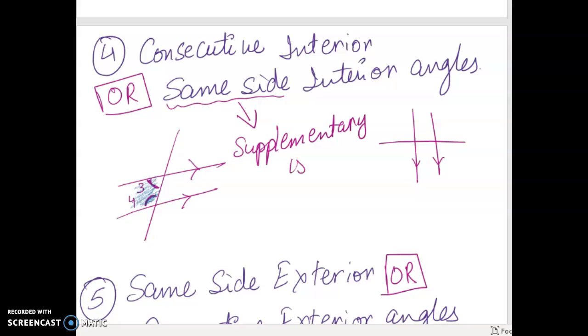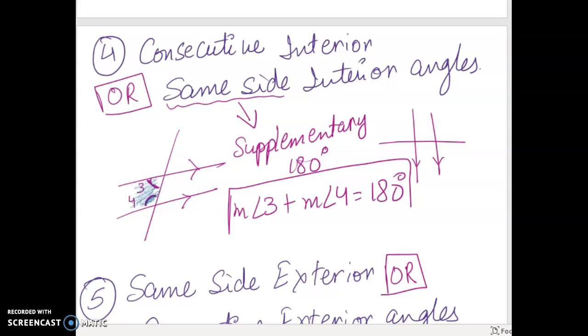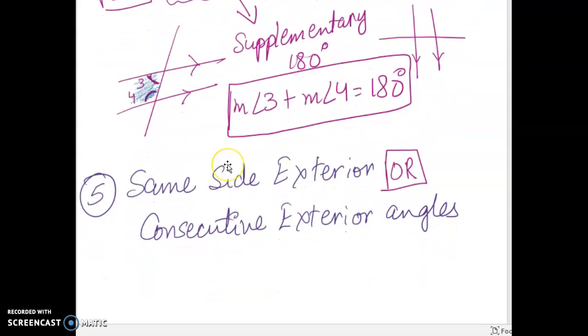That means it adds up to 180 degrees. So I can say measurement of angle 3 plus measurement of angle 4 is nothing but 180 degrees. Keep that in mind. We talked about corresponding and alternate as equal, but same side interior or exterior, they are 180 degrees.